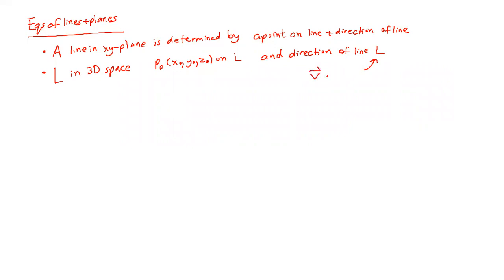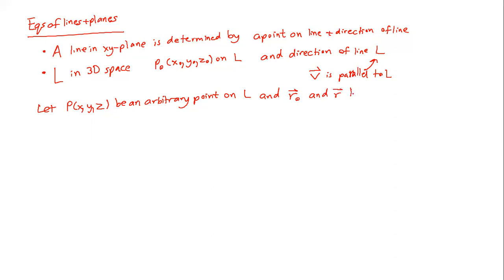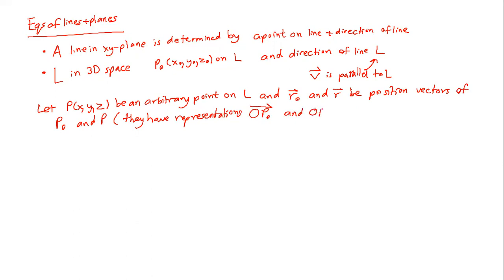And so we'll say that this vector is parallel to L. And so we will say let P of x, y, z be an arbitrary point on L, and these two vectors r0 and r are the position vectors of P0 and P. And so what we mean by that is that they have representations, if we were to put them in 3D space, of origin to point P0 and origin to point P.